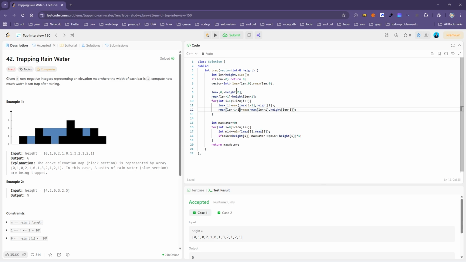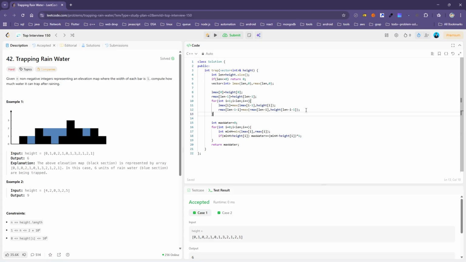From the last second position, Rmax is the Rmax of the last position or the height of the current position, and we remove this I minus 1, the position we are at. So now we are considering the Lmax and Rmax for the current index also.